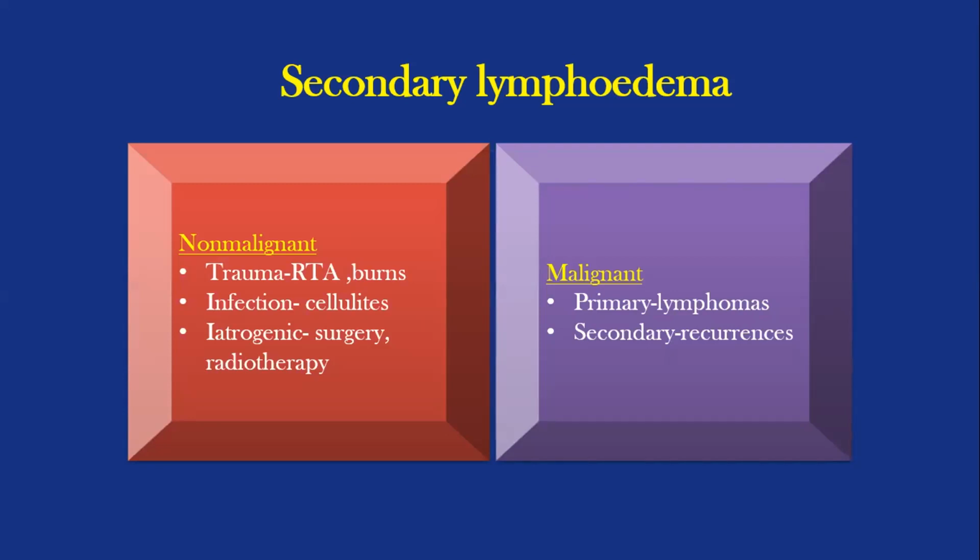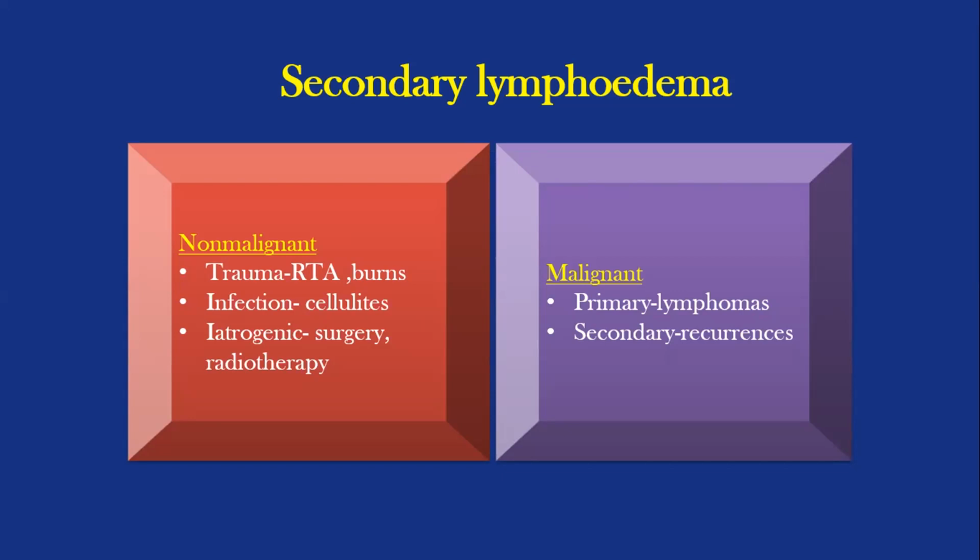One is trauma, such as road traffic accidents or burns. After that, if there is any damage to a major lymphatic structure, maybe a lymph node fracture or damage, there is a chance of developing lymphedema in the affected area.